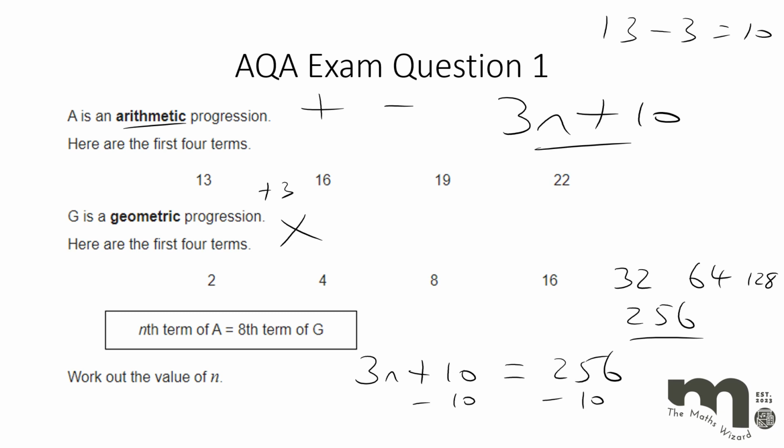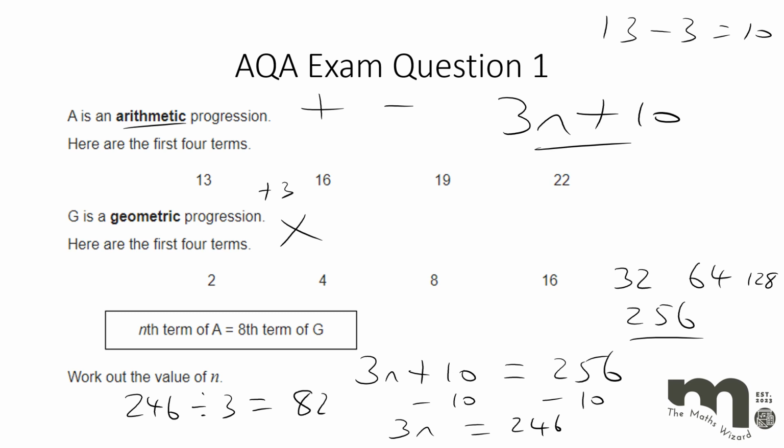We've created an equation because we've got this equal sign in the middle. So that'll give us 3n, if we take that 10 away, which will be 246. Then 246 divided by 3 gives us 82.